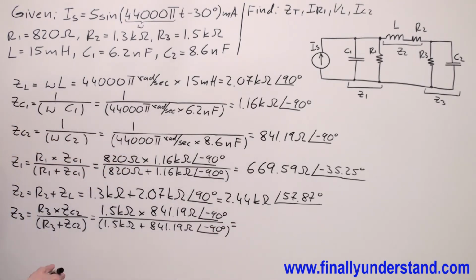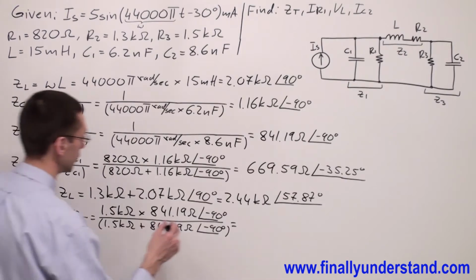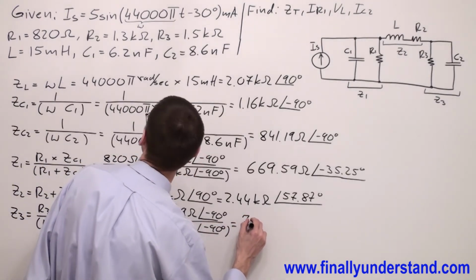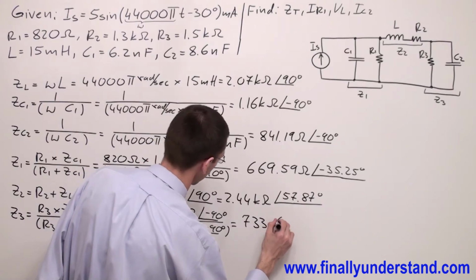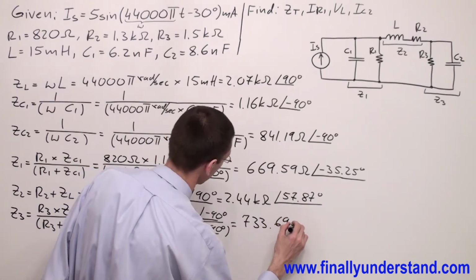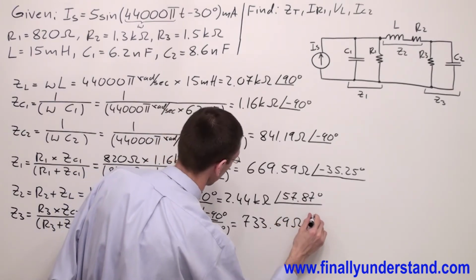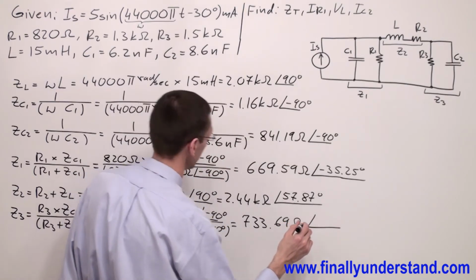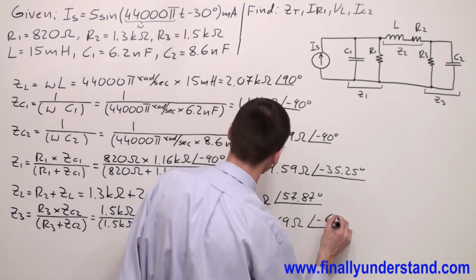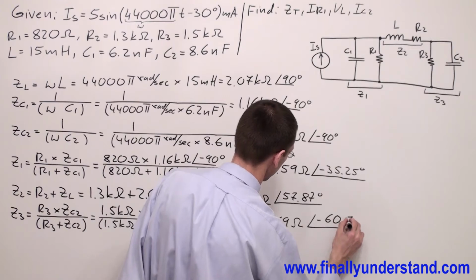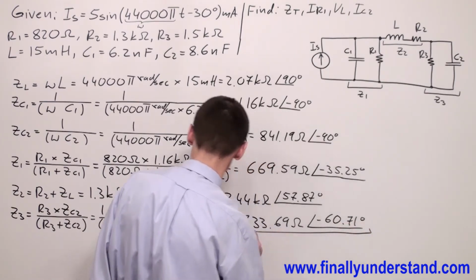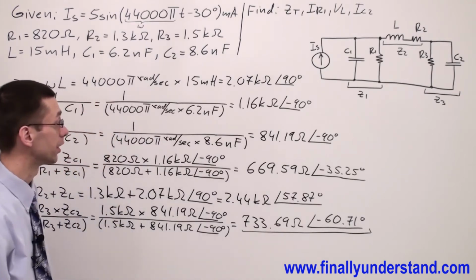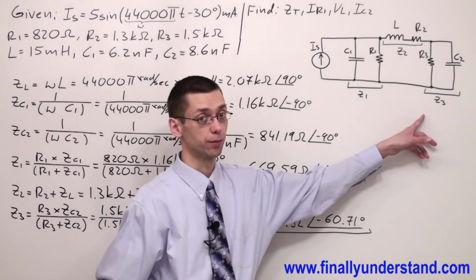Use the calculator. You're supposed to get the value of 733.69 ohms and angle of negative 60.71 degrees. Okay, so this is the impedance Z3.